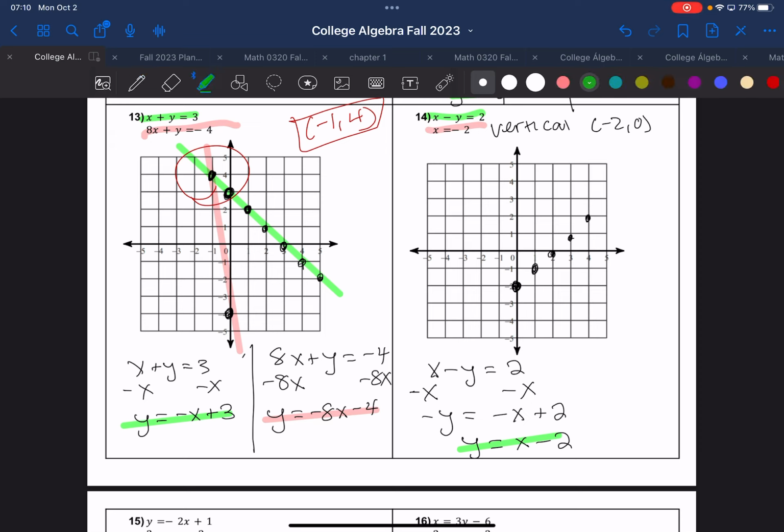And that is this equation. And then for the other one, we know we just look at the point negative 2, 0. So right here, and we draw a vertical line. So that shows us we have one solution at this point, which is negative 2, comma negative 4.